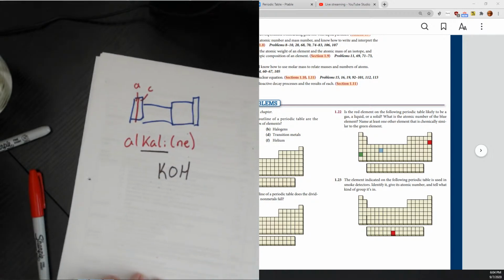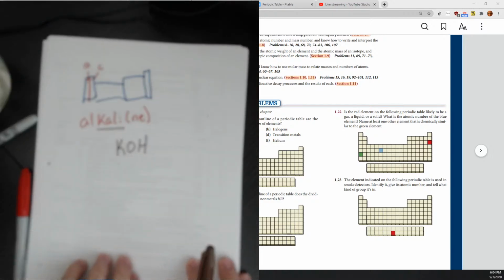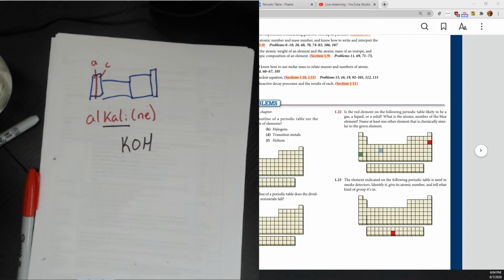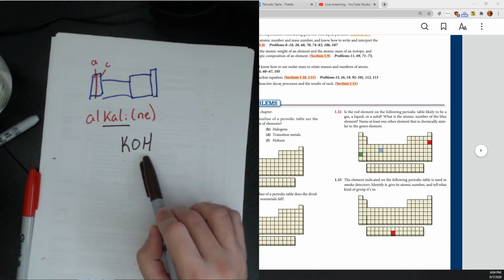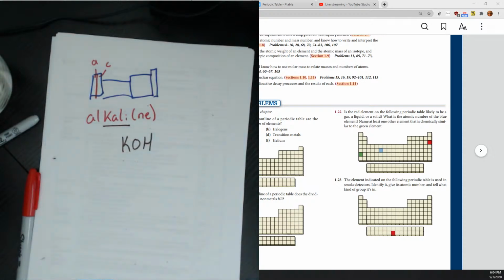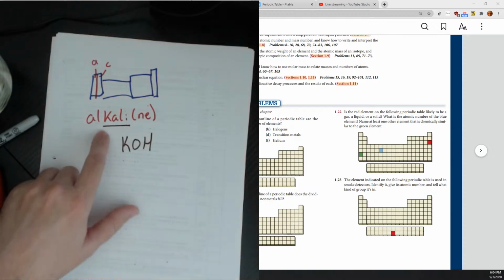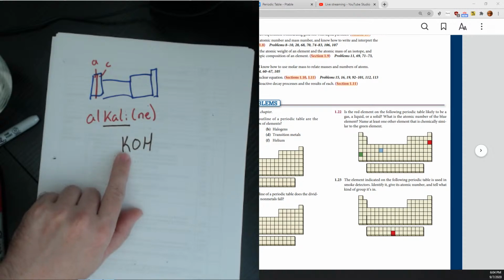You burn wood, you collect the ashes, and then you run water through them. You'll get a very strongly basic solution, mostly due to this guy right here. So that is where we get our word alkali or alkaline, which means basic as opposed to acidic. That Kali right there is also what gives us the symbol K for potassium.